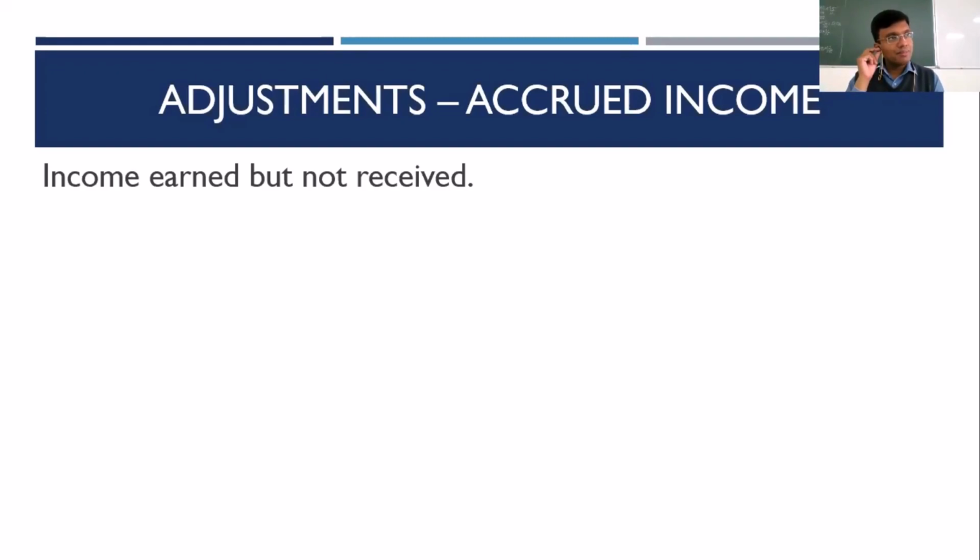That income that you have earned in that scenario is referred to as accrued income. So, income earned but not received. You are entitled to that income, but for some reason you have not received the payment.